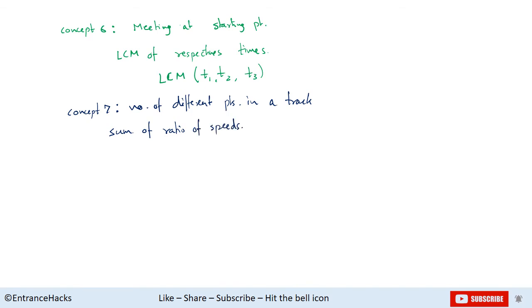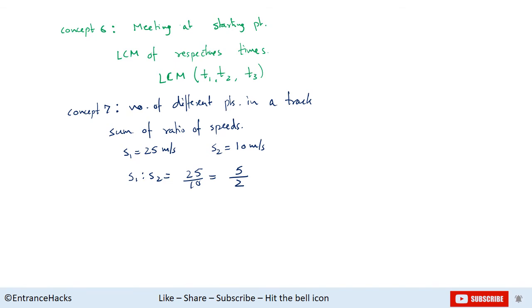Okay, so let's say the same speeds are here, s1 is equal to 25 and s2 is equal to 10 meters per second, right? So the ratio of s1 to s2 is 25 by 10, which is equal to 5 by 2, right? So how many times will they meet on the track?